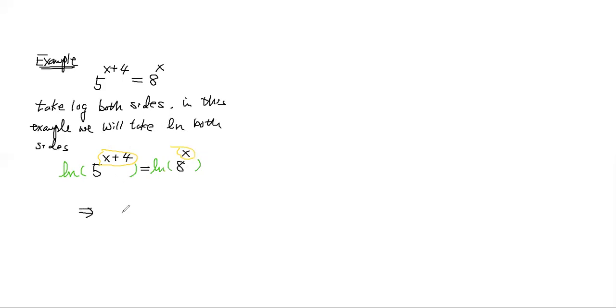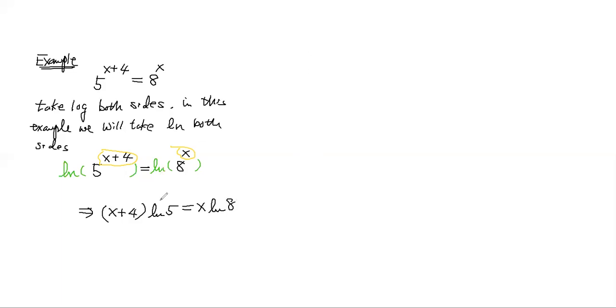That's property number 3, right? So I have x plus 4. I can move the whole exponent to the front. So what is left inside is natural log 5, right? Then here, I can move the x to the front. So here I have natural log 8.